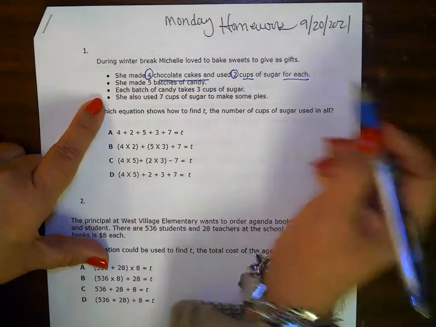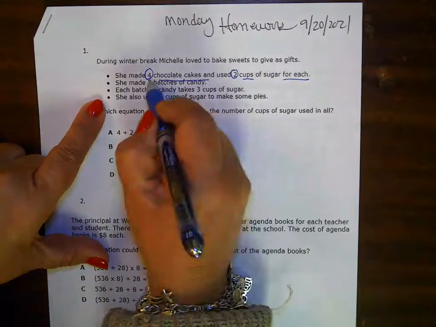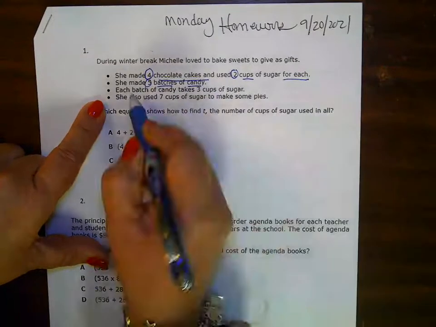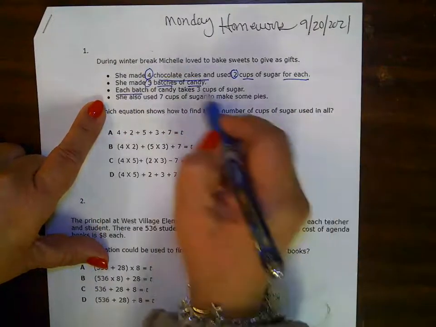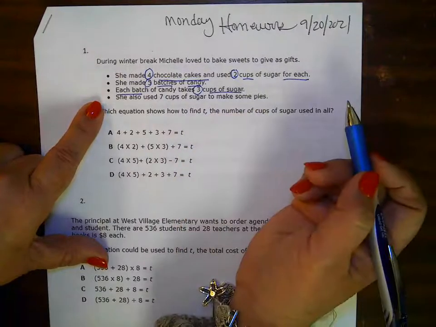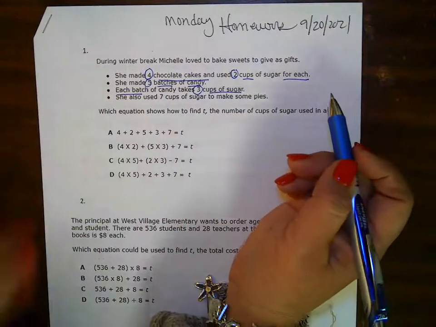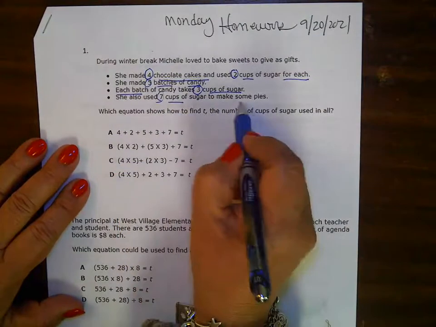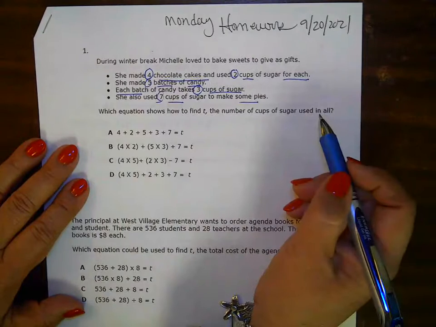The next one is she made 5 batches of candy. Each batch takes 3 cups of sugar. She also used 7 cups of sugar to make some pies.